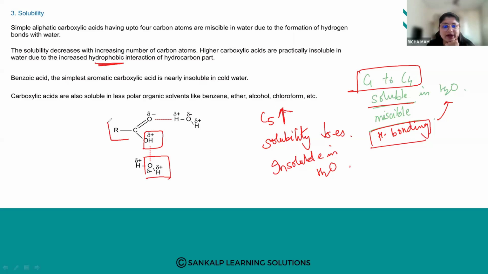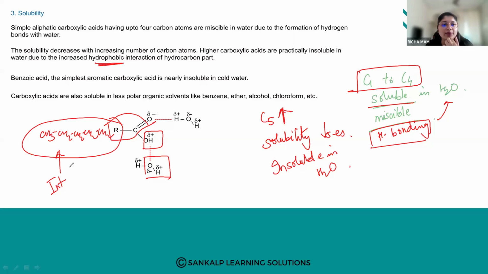What about the rest of the part? If there is a longer alkyl chain, the presence of this hydrophobic hydrocarbon part means the hydrophobic interaction will be more. Because of that, the solubility will decrease.